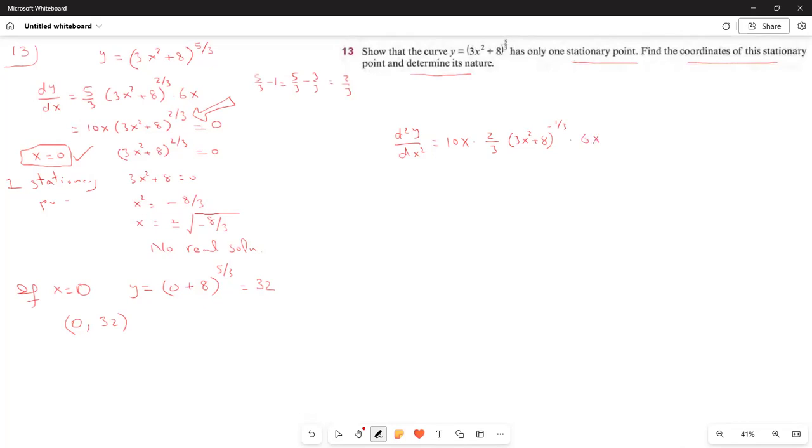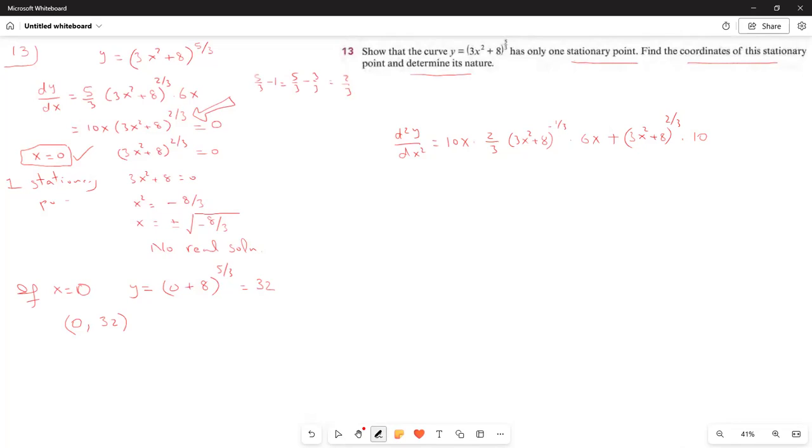So first function into the derivative of the second function, plus the second function, (3x squared plus 8) to the power 2 by 3, into the derivative of the first function, and that is 10 only. I hope everybody is with me.